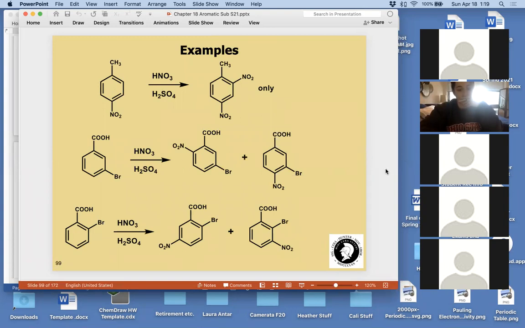This is a follow-up on a previous question. You've got to assess all the constituents and what they prefer, but the most activating or least deactivating will generally win. So in the middle one here, the carboxylic acid is saying, I want meta, but it's a fairly deactivating group.